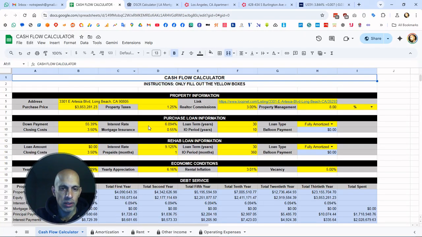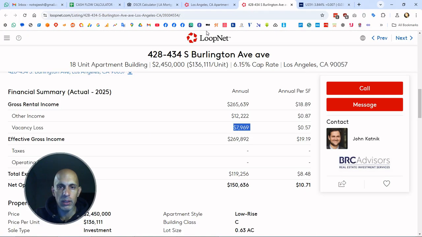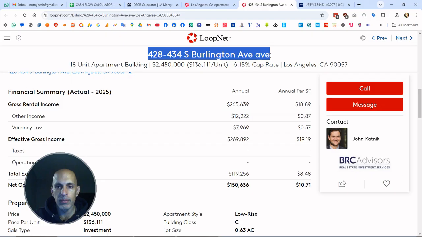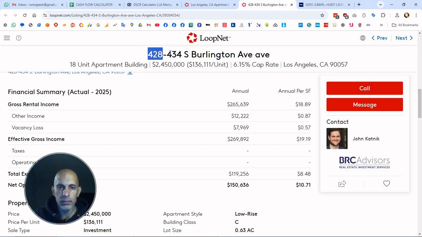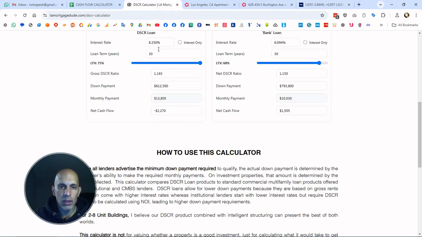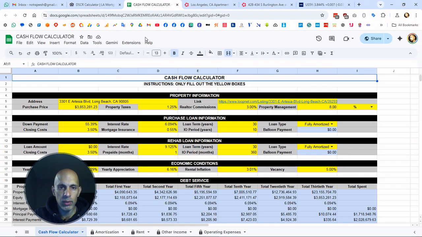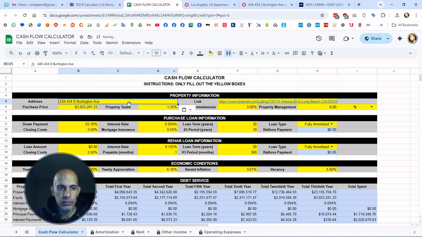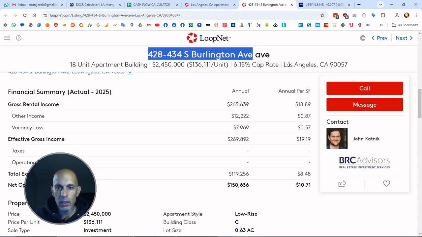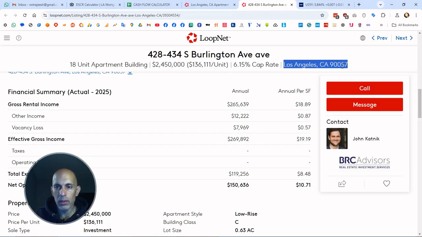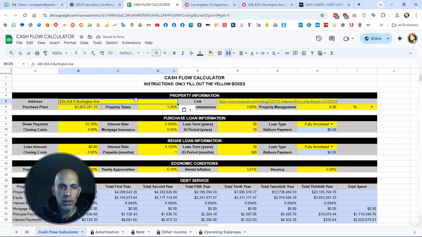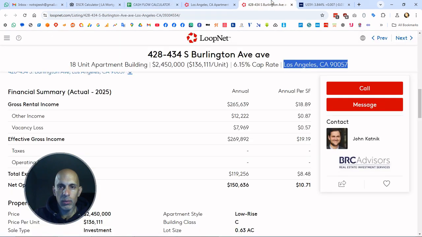We're going to go 6.094. We're going to punch in this address here. Let's move this here. As far as city goes, then we need the link.